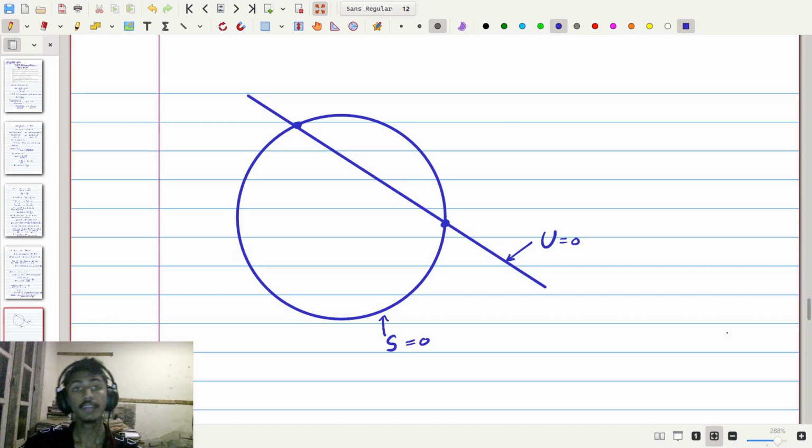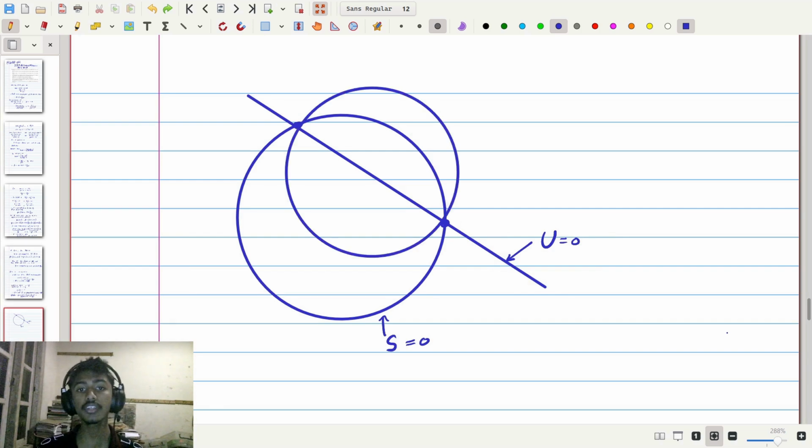If you have a circle s equals 0 and the line u equals 0 that intersect at two points like so, then any other circle that passes through these same two points must be a circle of the form s plus lambda u equals 0, where lambda is an element of the real numbers. And only circles of this form will pass through both of these two intersection points.